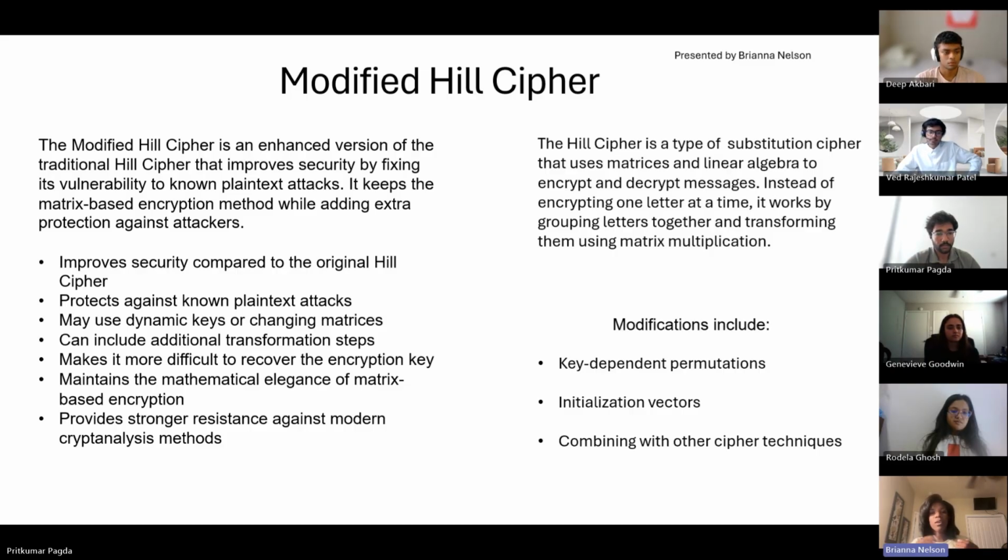Unfortunately, this led to a lack of development, which also led to more attacks, mainly plaintext attacks, which left the systems very vulnerable. So instead, they developed the modified Hill cipher, which provided that little extra layer of security, including modifications such as key-dependent permutations, initialization vectors, and combining other cyber techniques.